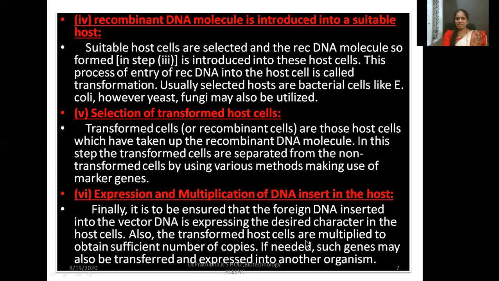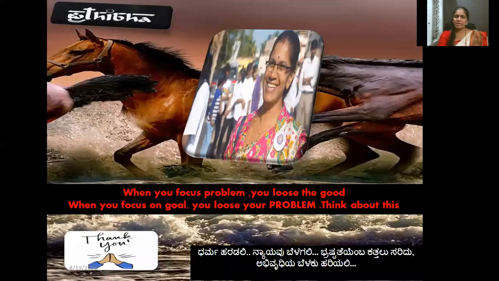If needed, such genes may also be transferred and expressed in another organism. In this step, multiplication is very important, where we are going to get many copies. Once we get many copies, they can be exploited from a commercial point of view.